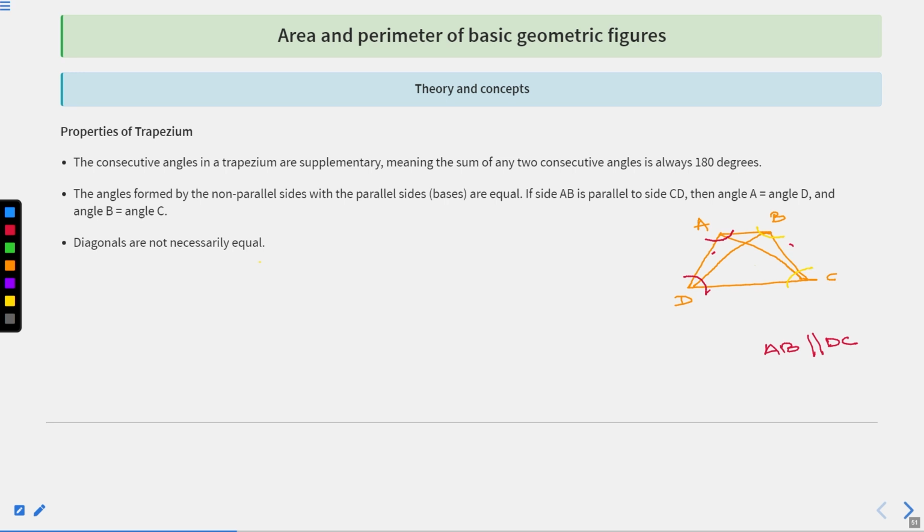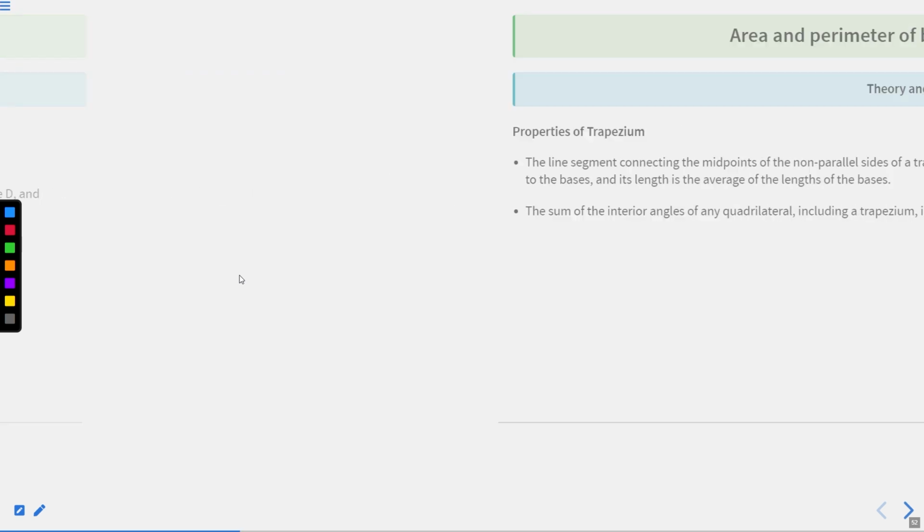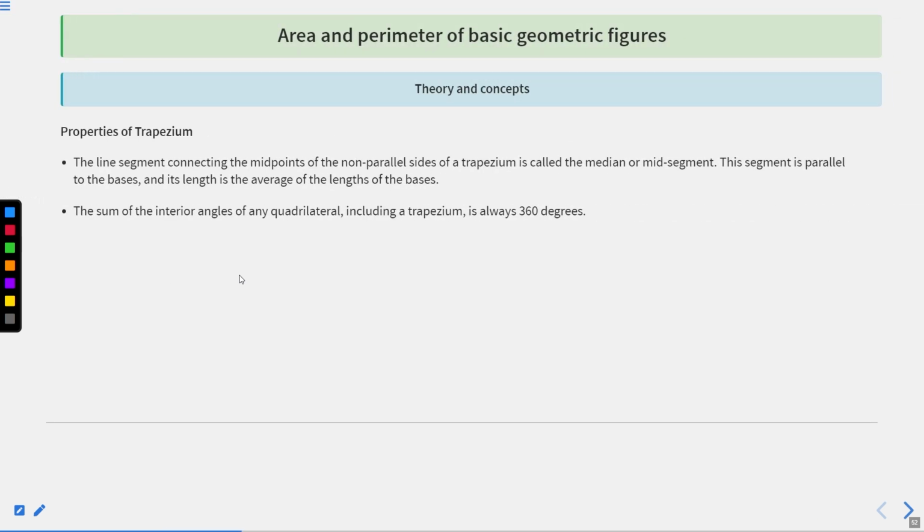Diagonals are not necessarily equal. The line segment connecting the midpoints of the non-parallel sides of a trapezium is called a median or mid-segment. The segment is parallel to the bases and its length is the average of the lengths of the bases.